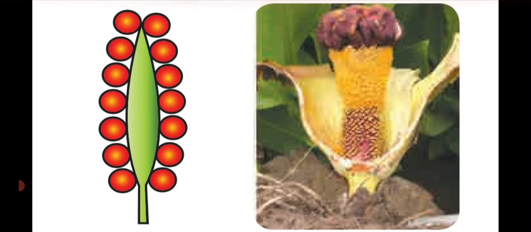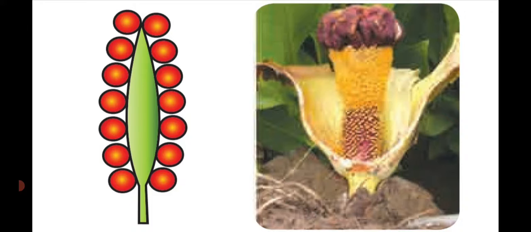Dear students, see the diagram. This is Amorphophallus. The central part is the inflorescence axis, which is fleshy, always thick, very thick. Sessile unisexual flowers are arranged in acropetal succession. Female flowers are located at the base.